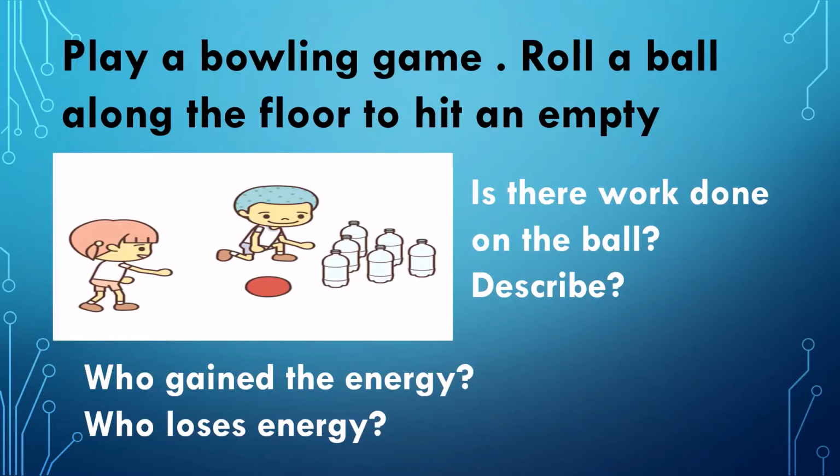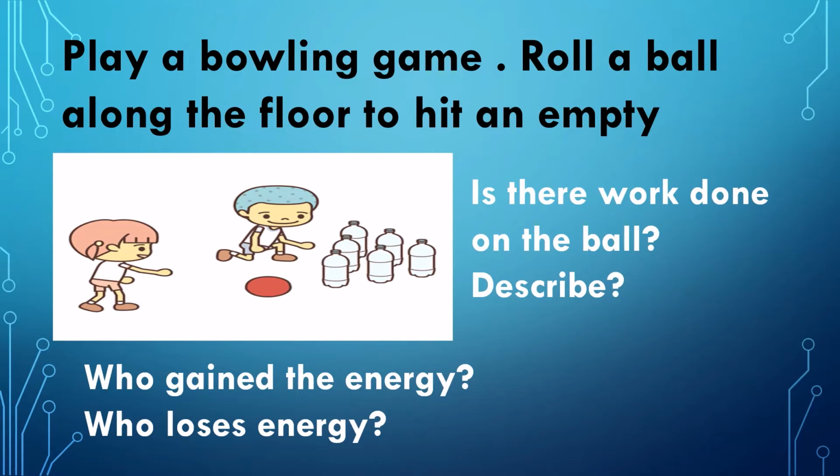Okay, take a look at this example, playing a bowling game. The child rolls the ball along the floor to hit an empty bottle. So this child has energy, and the energy from the child will now transfer to the ball, and then the energy in the ball will now transfer to the empty bottle.